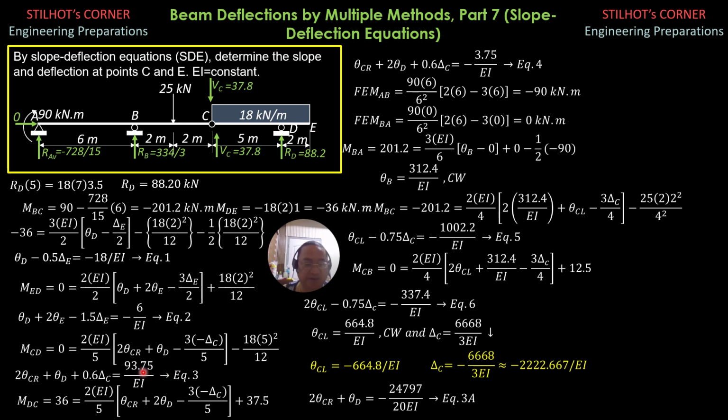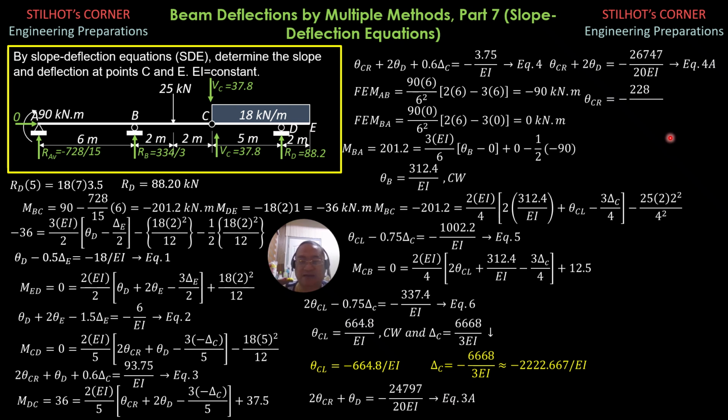So 93.75 minus 0.6 of 6668 over 3 EI becomes this equation. So call this equation 3A. Then from equation 4, we substitute the value of delta C also, which is 6668 over 3 EI. And it becomes theta C right plus 2 theta D equals negative 26747 over 20 EI. Call that equation 4A. So we solve equations 3A and 4A simultaneously.